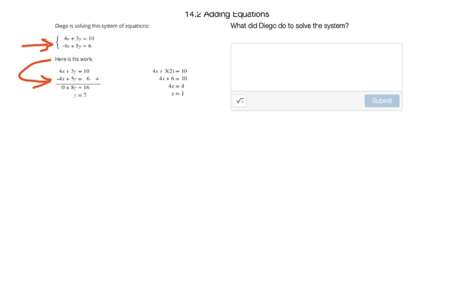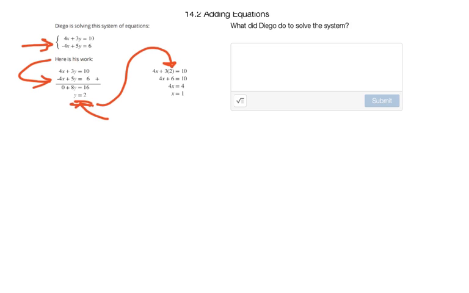Notice that he got y is equal to 2. And then once he found out what the y was, it looks like he used substitution, right? So what do we notice? Well, I want you to think back to our warm-up at the beginning.